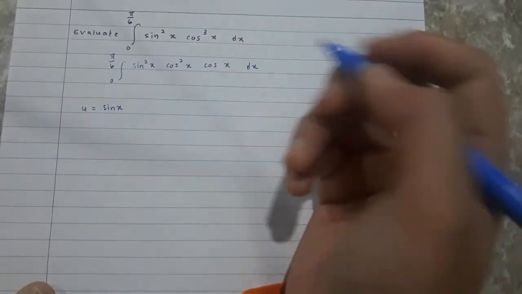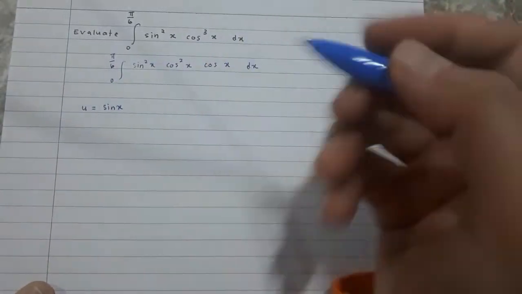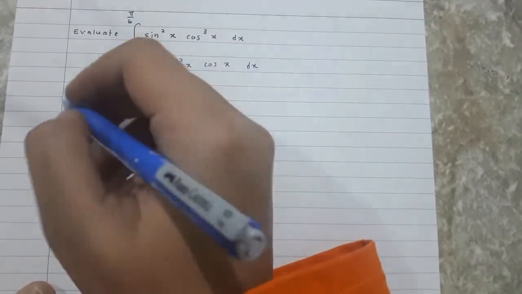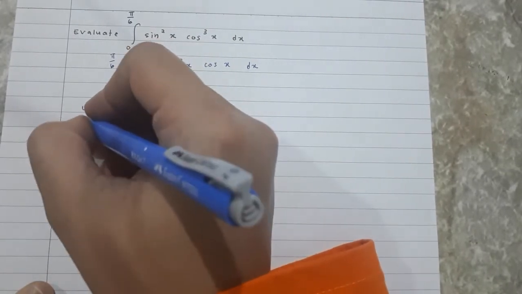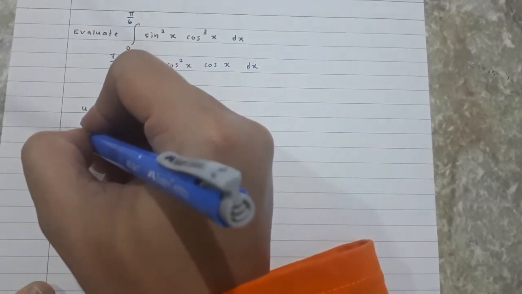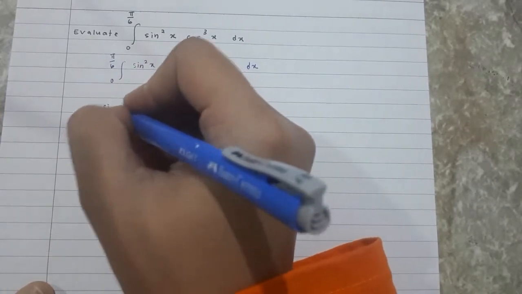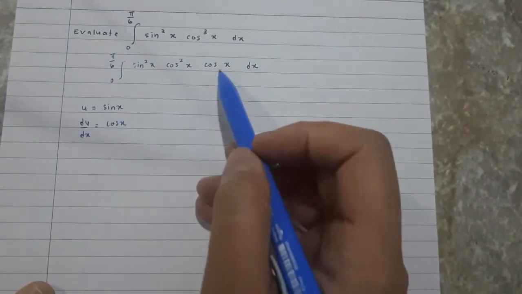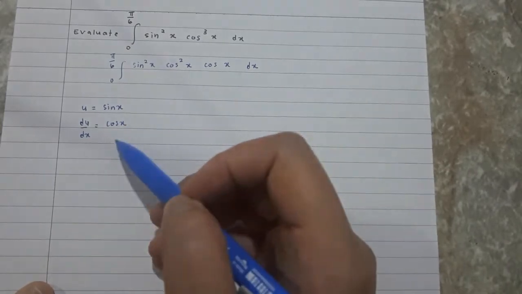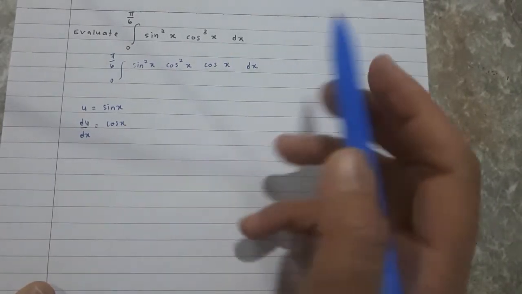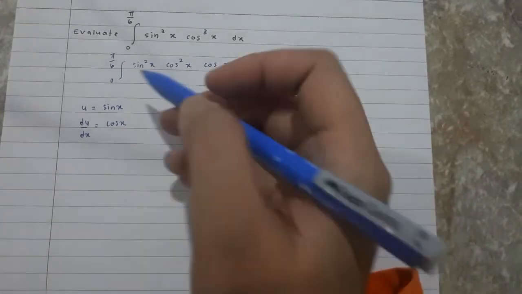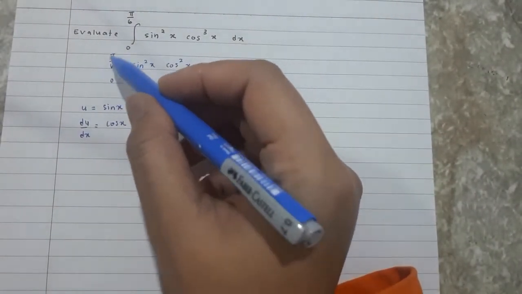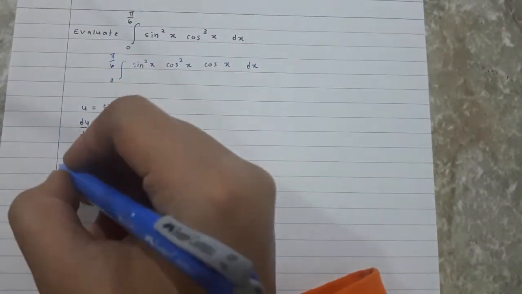Why u equals sine x? Because when we proceed to the next step, which is to differentiate u, du over dx, differentiate sine x, cos x. So we have cos x in the question. Next, we can also change the limit.